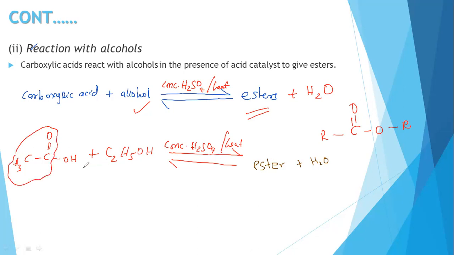Water should be there now, so one should lose the OH, one should lose the H. This is what you have to understand. We need to remove the water. So the OH from here and hydrogen from here should be removed. Now can you write? Yes, definitely you all can.